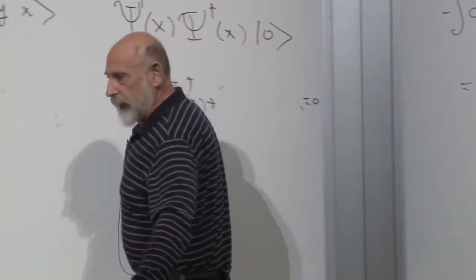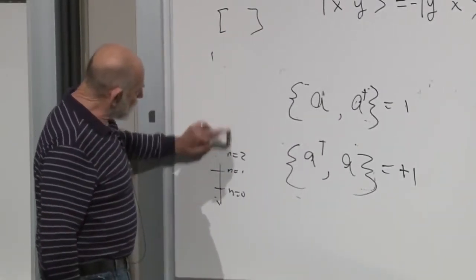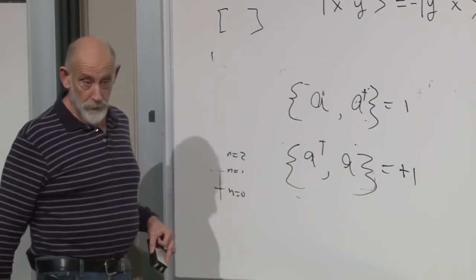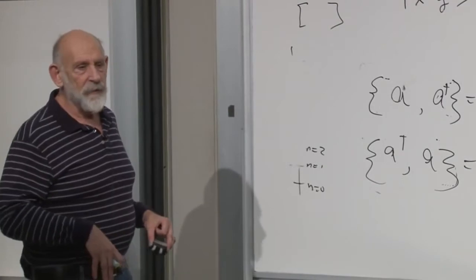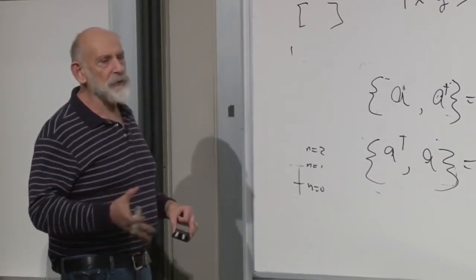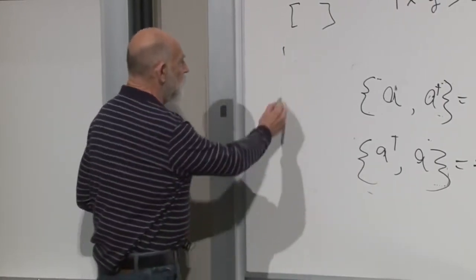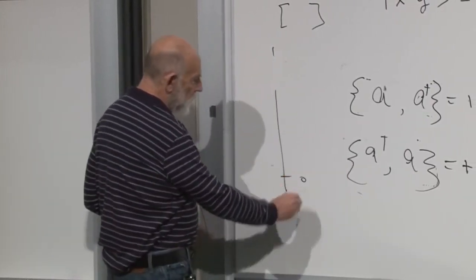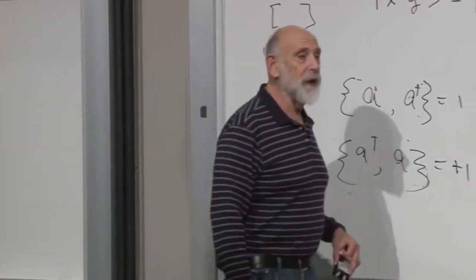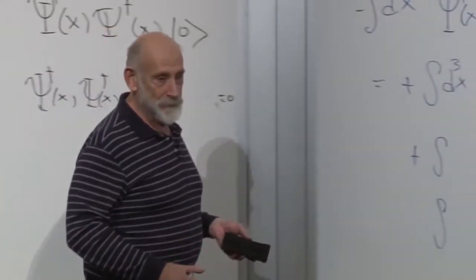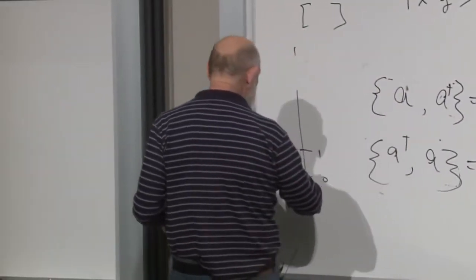Another way of seeing that is just to look at the possible occupation numbers of a fermion. Let's say it's a fermion with only one state. The fermion is in the ground state of the hydrogen atom. What can you have? The answer is you either have no particle or you have one particle. You can't have any more than one, and you can't have any fewer than 0. What does the creation operator do? It takes you from 0 to 1.